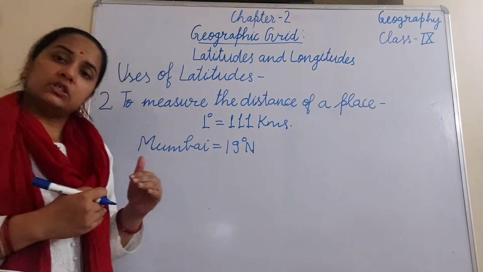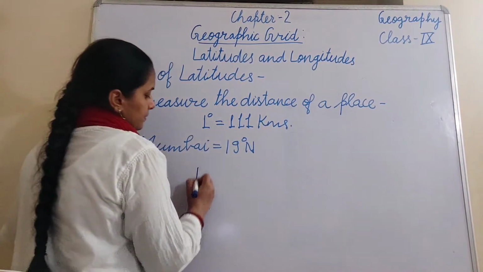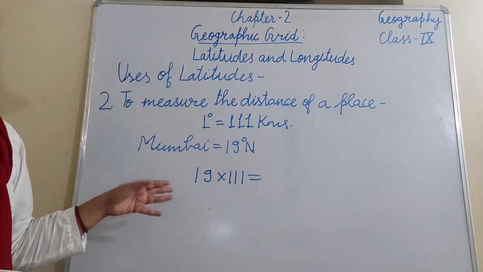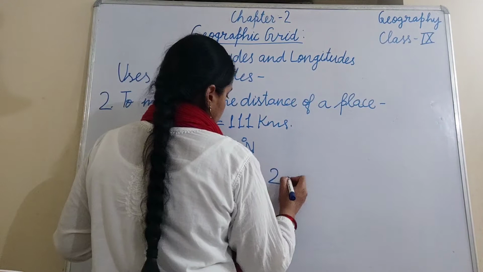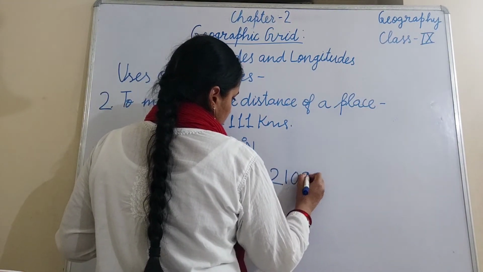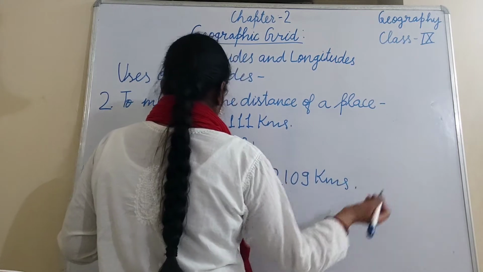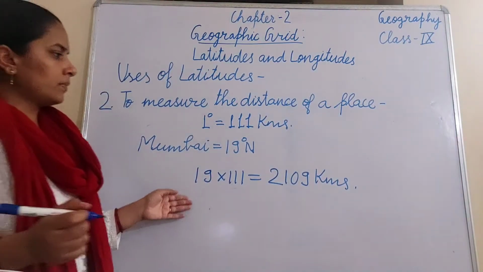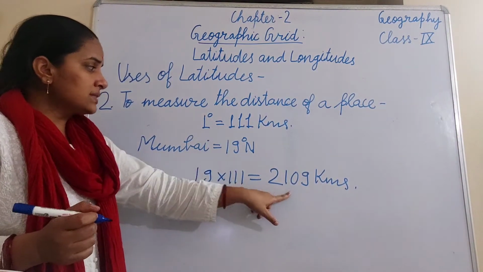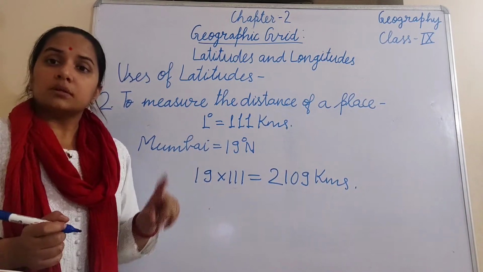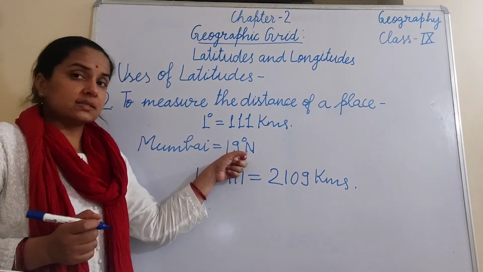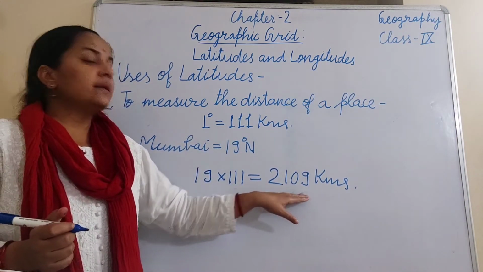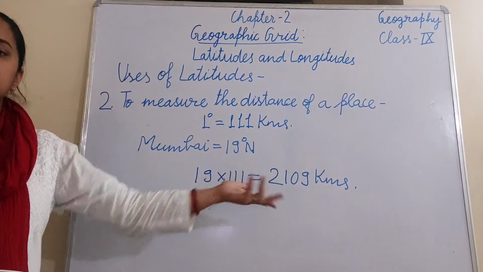Now, how do we calculate it in kilometers? 19 multiplied by 111 gives you 2109 kilometers. So the actual distance between Mumbai and the equator is 19 degree angular distance, and in terms of kilometers, it is 2109 kilometers.